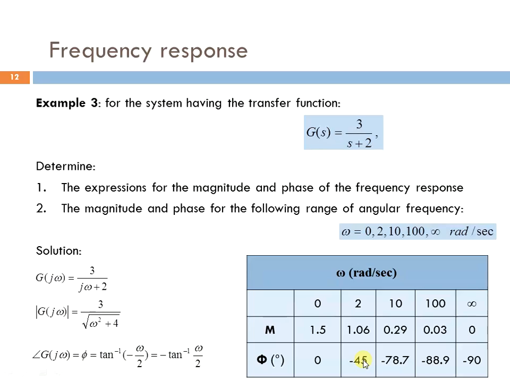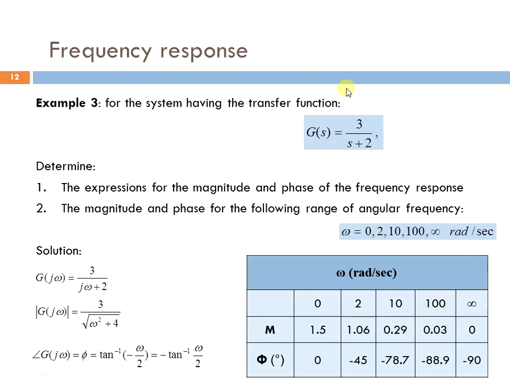Looking at the table, we see that the effect of increasing the input frequency is to attenuate the input magnitude, because the magnitude progressively decreases as the frequency increases. We also see that the phase lag increases with the increase in frequency, and it tends to 90 degrees as the frequency tends to infinity.